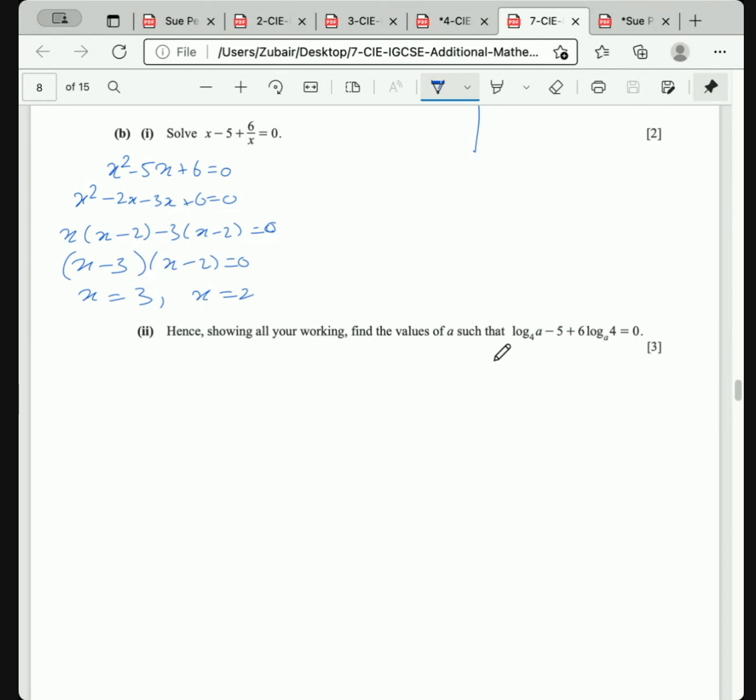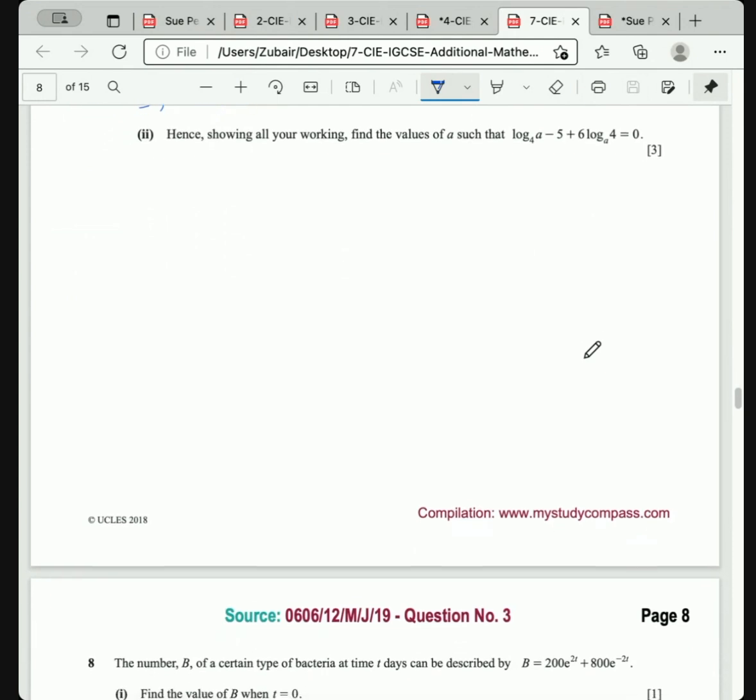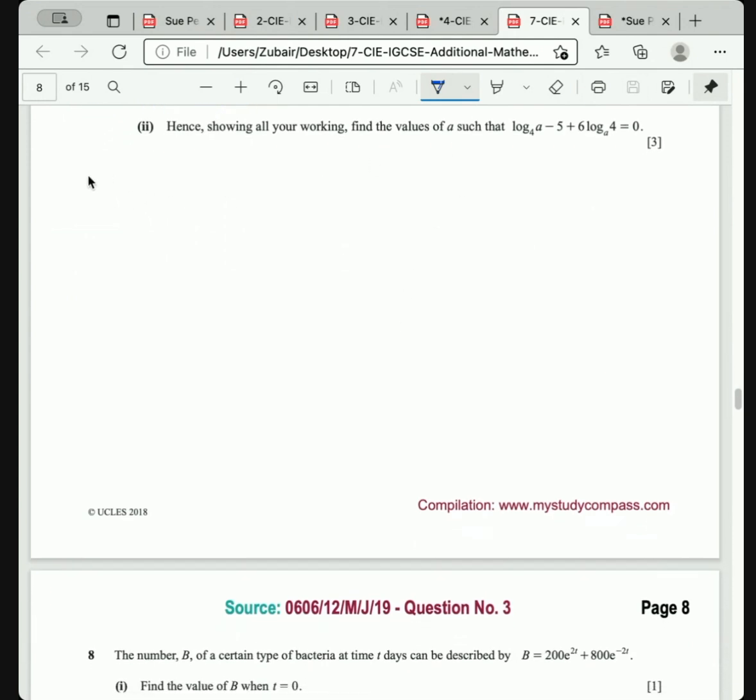Show all your working and find the value of a such that this equals 0. Okay. Log a to base 4 minus 5 plus 6 log 4 to base a equals 0. Now this would include the change of base law, a4 and 4a. So log a to base 4 minus 5 plus 6, that is 1 over log a to base 4, base changes.